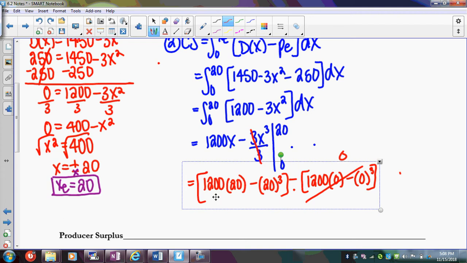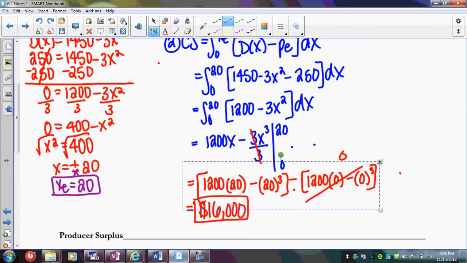So then when I get this value here, the first value, I end up with $16,000. So that represents the consumer surplus. So that represents the difference between the total amount a consumer was willing to spend and the amount that they actually spent.